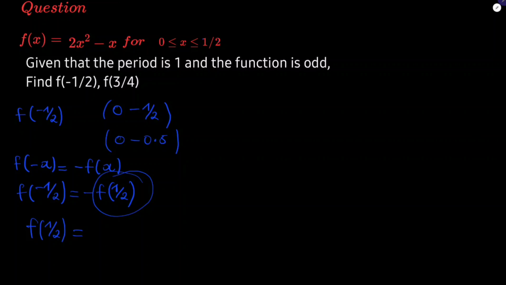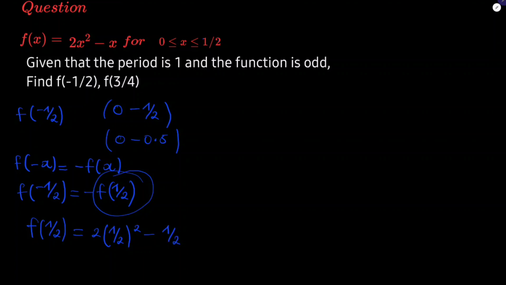If it was not in the range, then we could have done other things in order to find a number which will be in the range. But now it is already in the range, so we can substitute it directly. So we have 2 times half squared minus half.